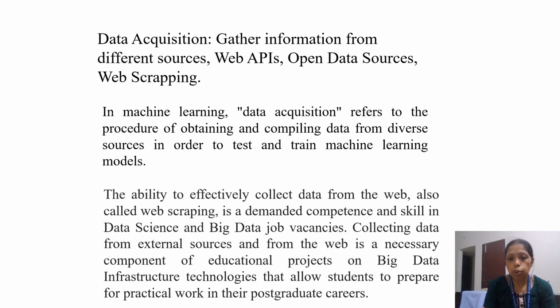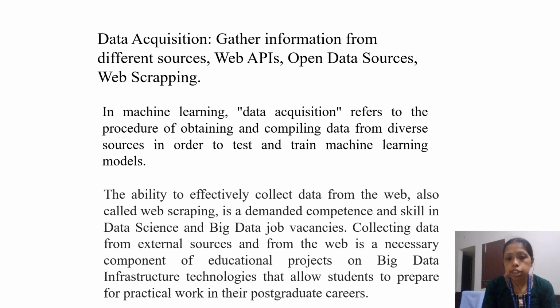Now I come to one more different topic, that is data acquisition. What do you mean by data acquisition? Data acquisition is used for gathering information. You gather information from different sources like web APIs, open data, and web scraping.